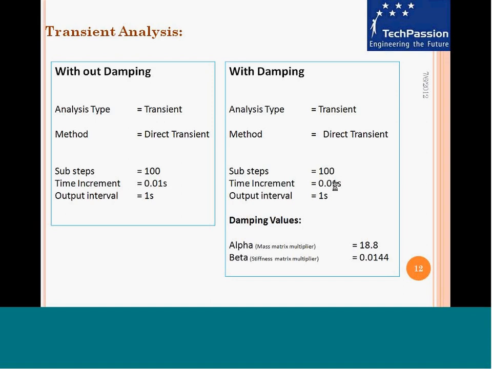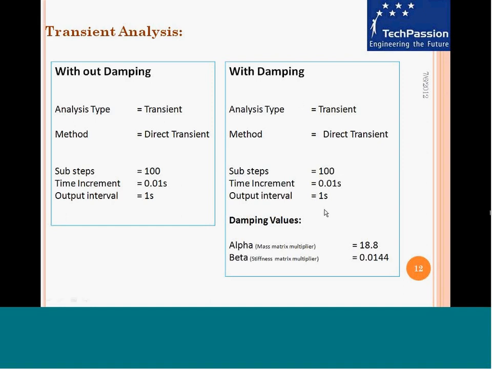We did analysis with damping and without damping to see how the value of damping impacts the results that we obtain. So the analysis type is transient analysis, and the method that we use is direct transient with 100 substeps and a time increment of 0.01 seconds and an output interval of 1 second.